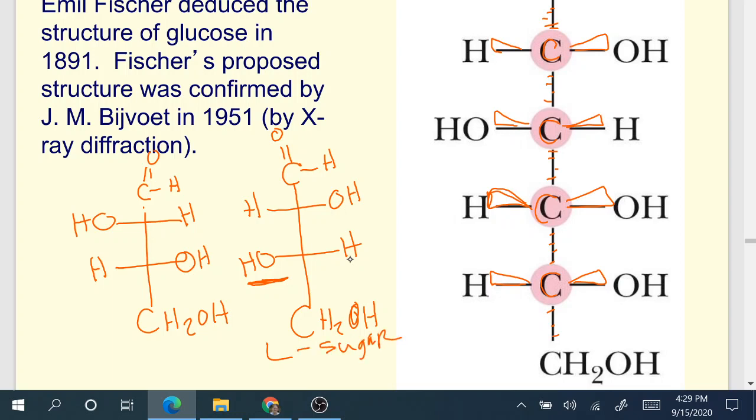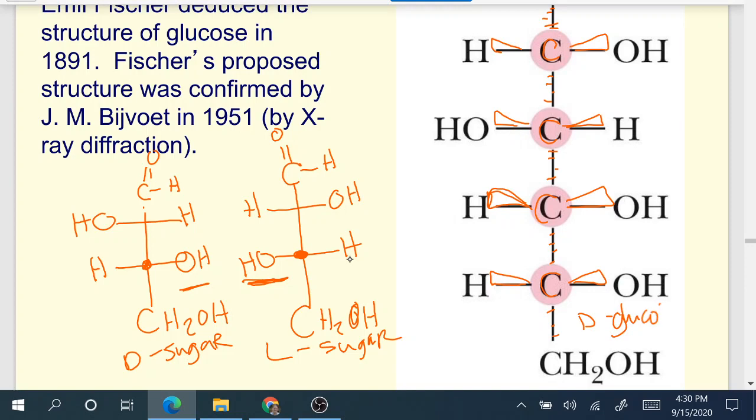That's actually not what it means, it doesn't mean left, but that's a good way to remember it. If the bottom OH attached to that bottom chiral carbon is on the left, then it's an L sugar. And if that bottom OH attached to the bottom chiral carbon is on the right, then it's a D sugar. So in this case we have D glucose, which is the normal form for glucose.